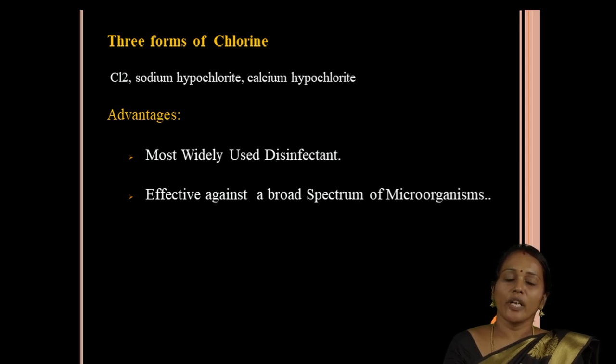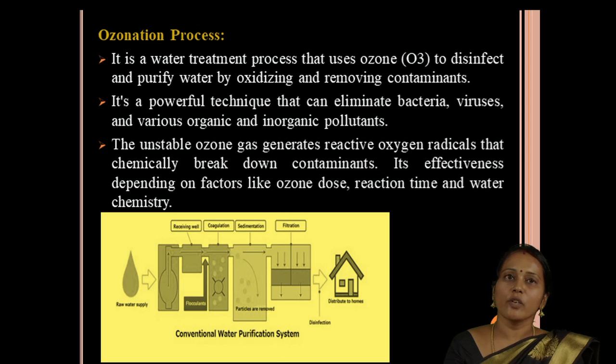An advantage of this chlorination process is that it is the most widely used disinfection method, effective against a broad spectrum of microorganisms. The next method is the ozonation process, a water treatment process that uses only gas to disinfect and purify water by oxidizing and removing contaminants.